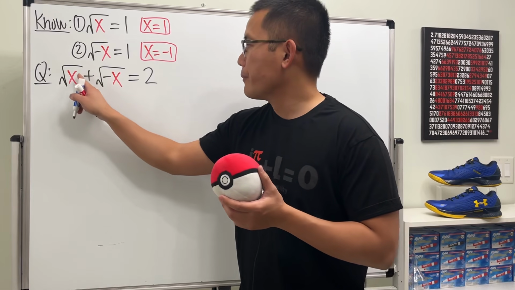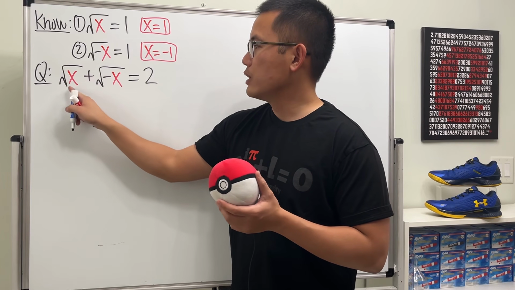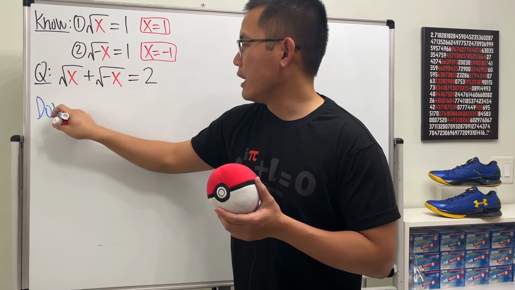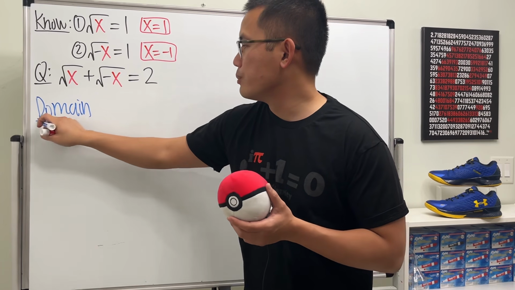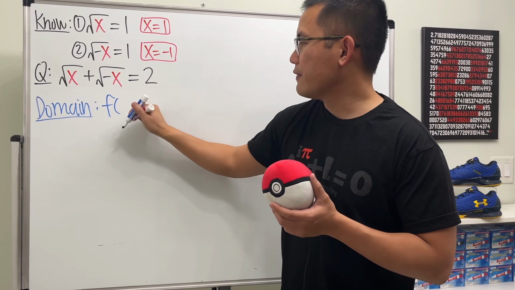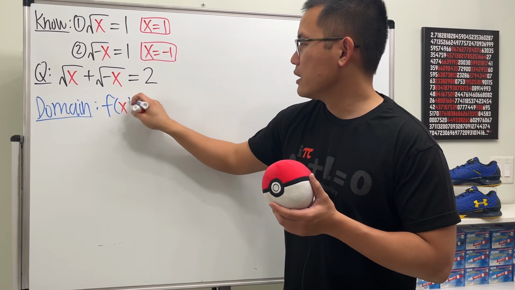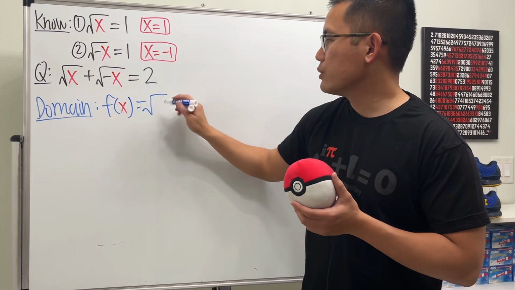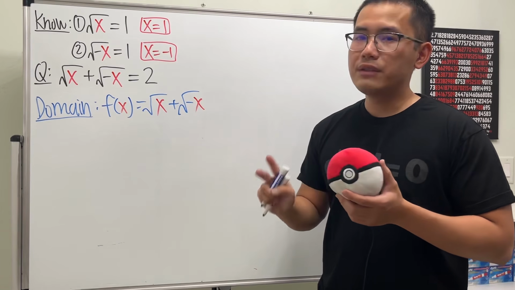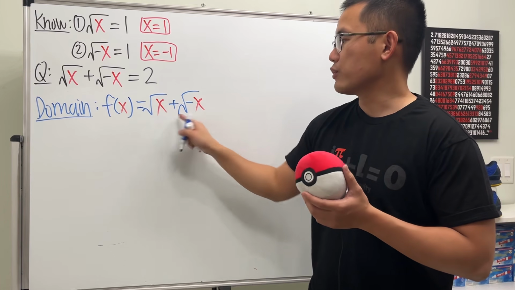So here's the deal. When we look at square root of x, we have the x inside, so we will have to look at the domain. And we are going to pay attention to both of the square roots. So if we look at the domain, let's define f of x to be this part, which is square root of x plus square root of negative x. We have to consider two things because we have two parts.